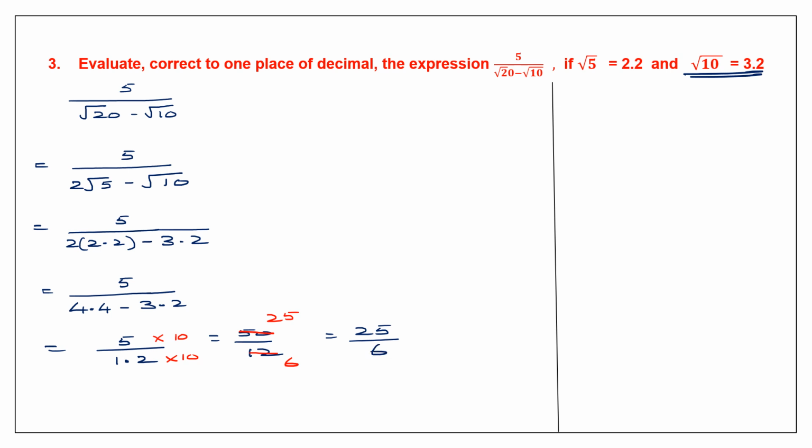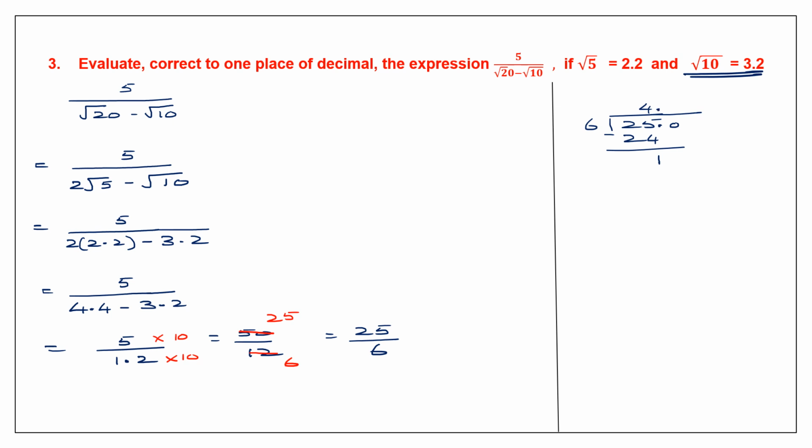Now we can divide this and get the decimal number, because here it says correct to one decimal place. So let's divide 25 by 6 and see what we get. 6 fours are 24, minus. Since we need a decimal place, we continue.